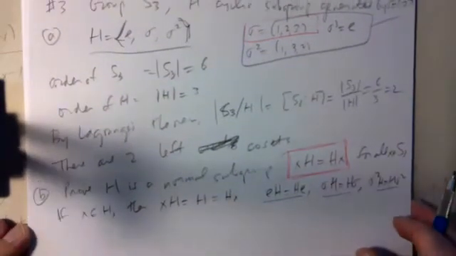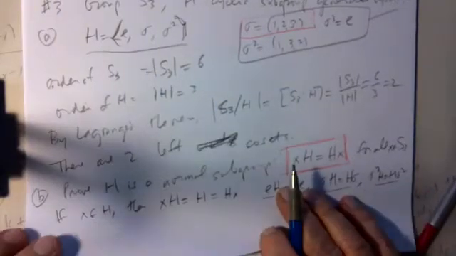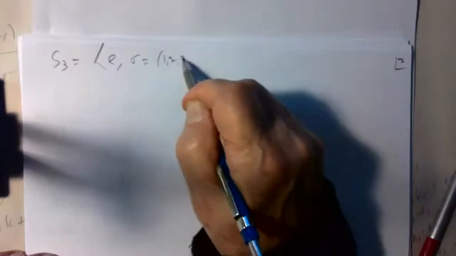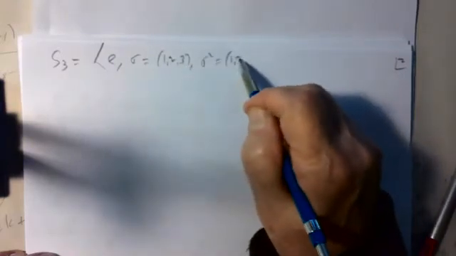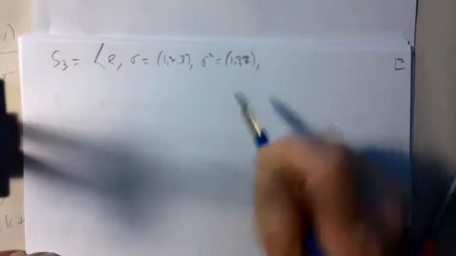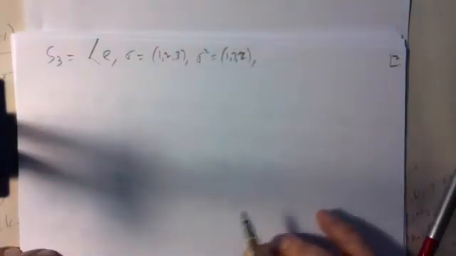But then we have to do the calculation for the other elements because the group S3 is a group you should know very well. S3 consists of 6 elements. There's the identity. There's the permutation sigma, 1, 2, 3. There's the permutation sigma squared, which is 1, 3, 2.